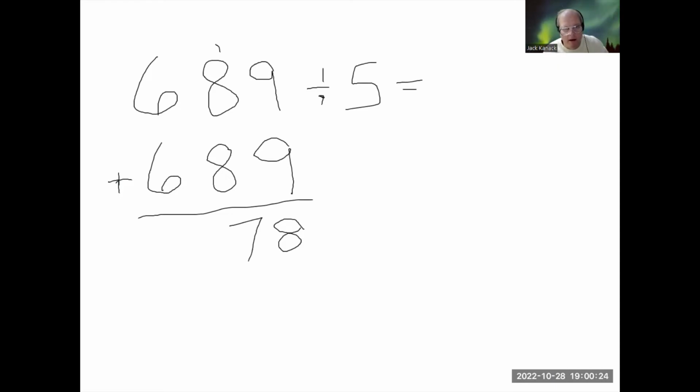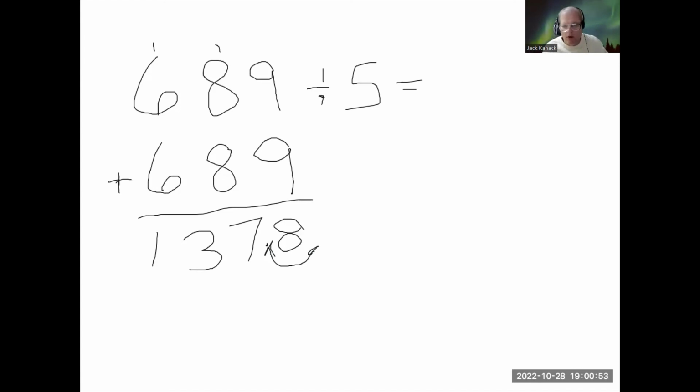Carry the 1. 1 and 6 is 7. 7 and 6 is 13. So you have 1,378. You're going to take the decimal place here at the end of the 8 and move it 1 spot to the left. And it becomes 137.8, which is exactly what we had on the calculator.